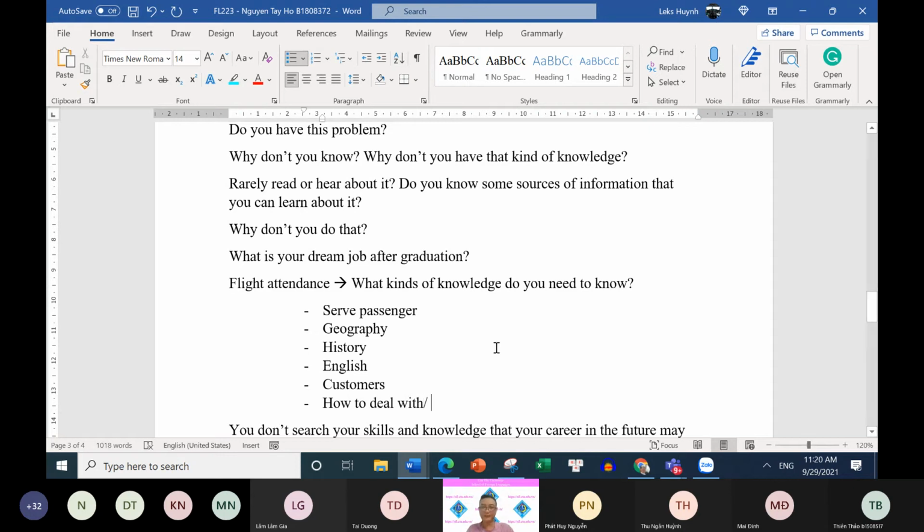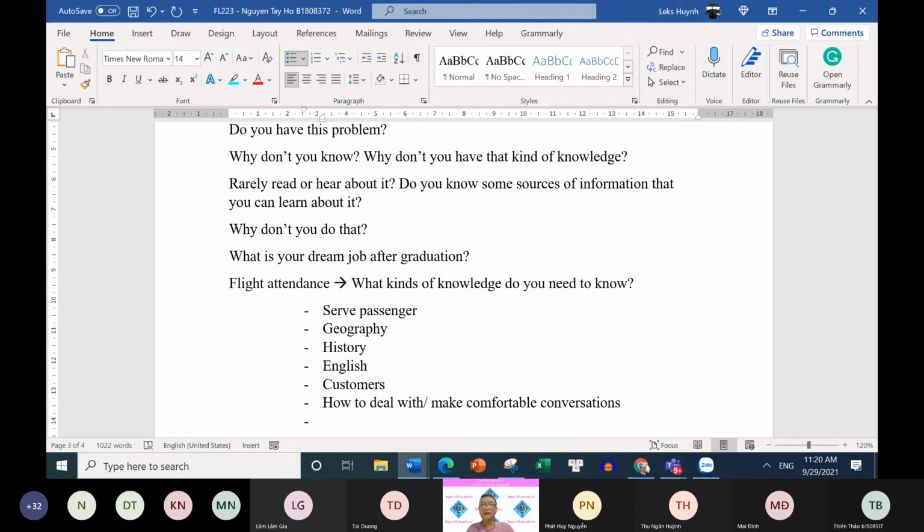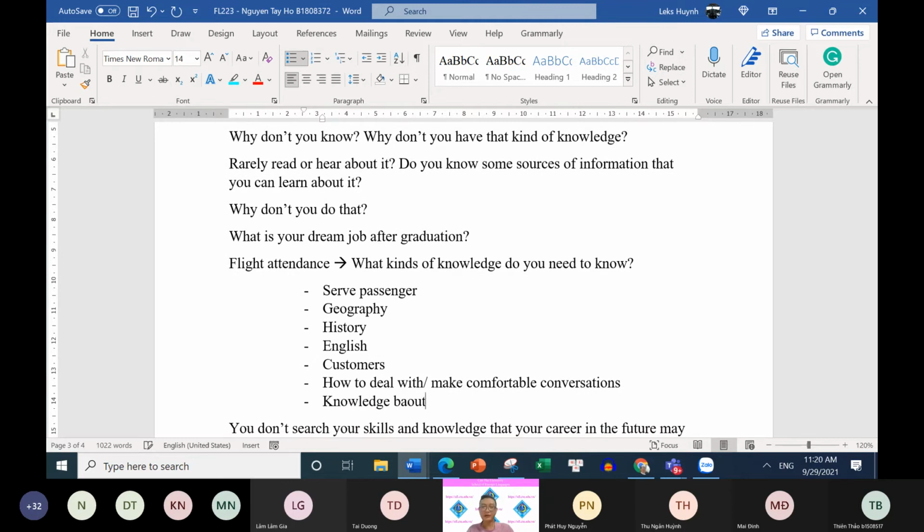or conversation, making comfortable conversation, and even knowledge about medicine, food, beverage, about many things like celebrities, about law.